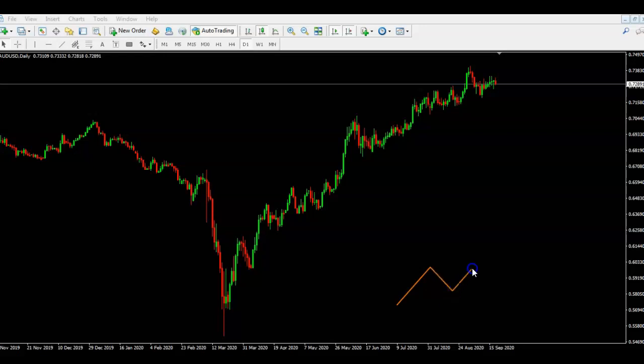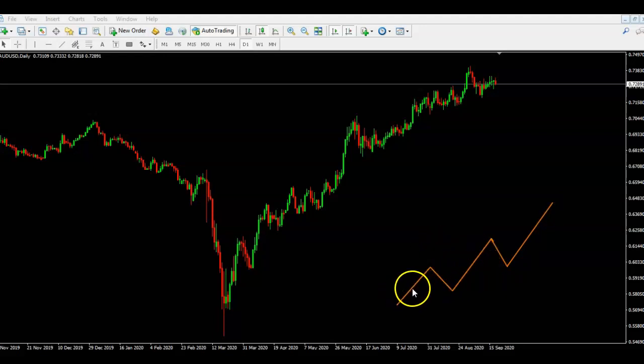Okay, then you have again an impulse, and always after an impulse you're going to have either a pullback like that, and then you're going to have another impulse. Sometimes these impulses are never going to be the same size.